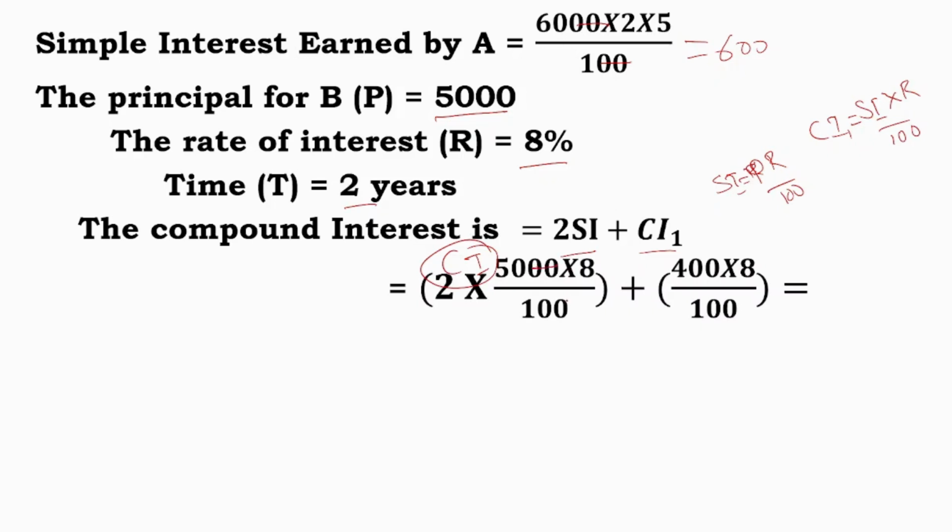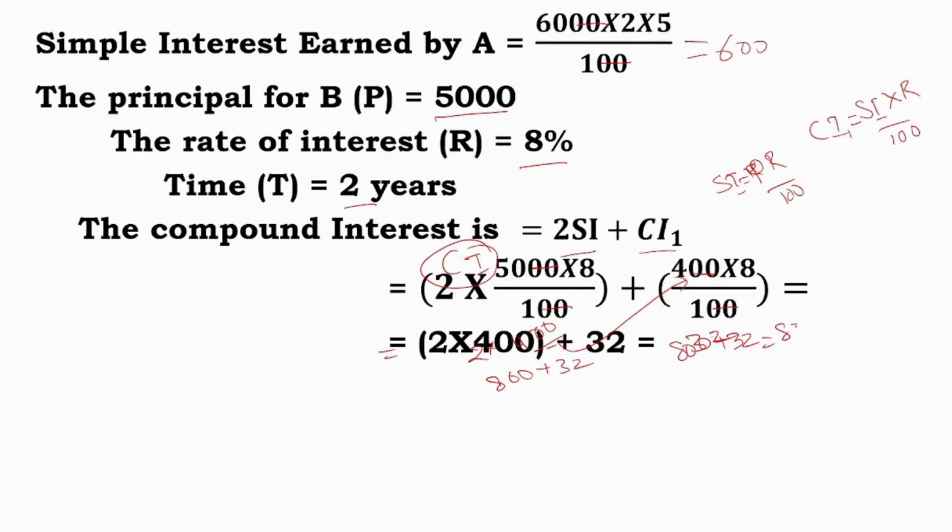So zeros get cancelled. 8 fives are 40, so 400. On this 400, we have to calculate the compound interest one. 400 into 8 by 100. So zeros get cancelled. 8 fours are 32. Here 2 into 400 gives 800, plus 32. So 2 into 400 plus 32, that is 800 plus 32, so 832.